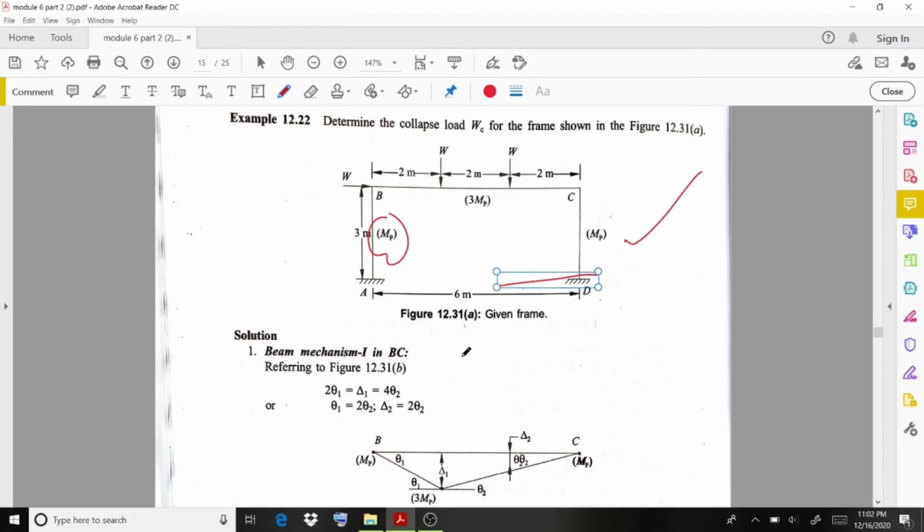For BC we need to calculate the beam mechanism. In this case you need to calculate two cases for the beam mechanism.